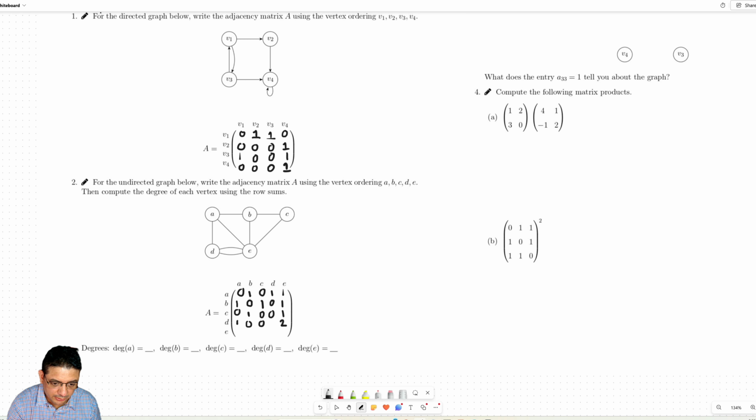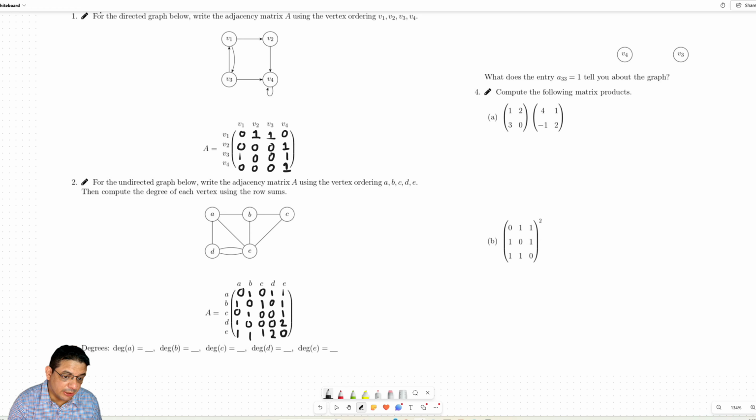We have 0, 0, and 0. Now, from E, E goes to A, goes to B, goes to C. So we have 1, 1, 1 here. To D has 2. And to itself, it has nothing.